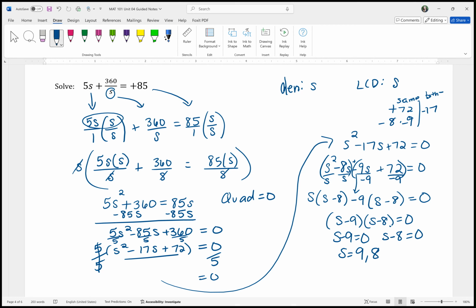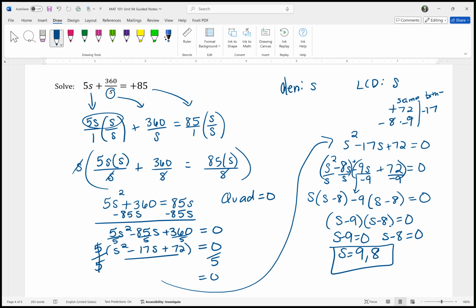Now, there's one thing I did not talk about in the previous problem that I want to talk about with this one. It doesn't end up working out any differently. These are our answers. But in future problems, you're going to have to do a little check, okay? What do I mean by that? That means that these are our potential solutions, but we don't know for sure if there are solutions until we check to see that it doesn't make the denominator 0.